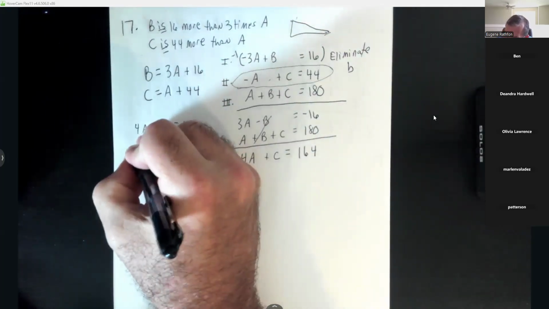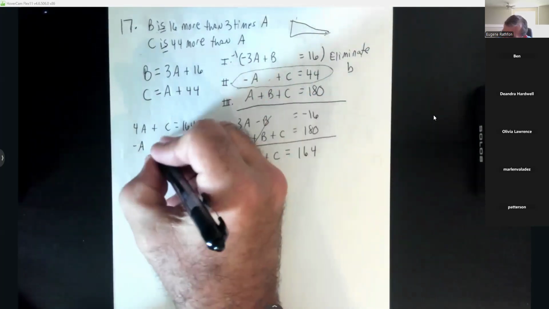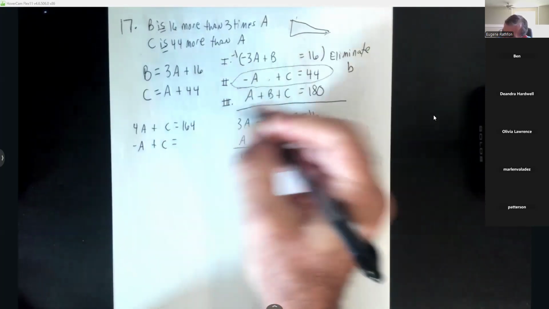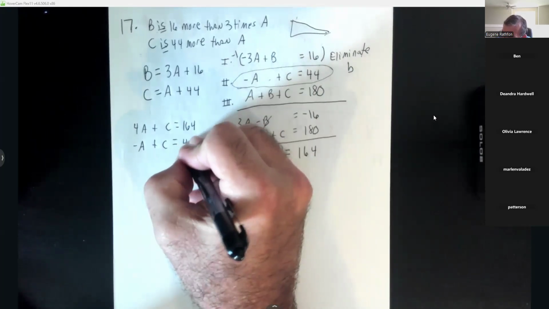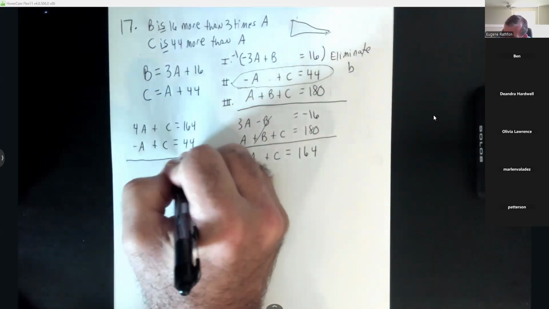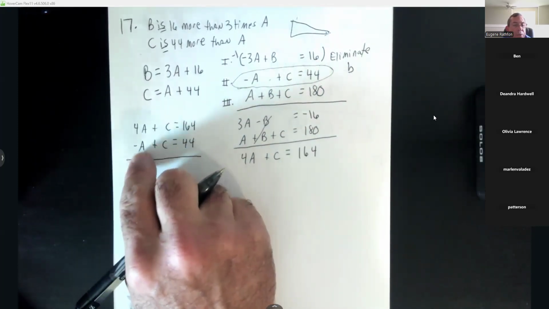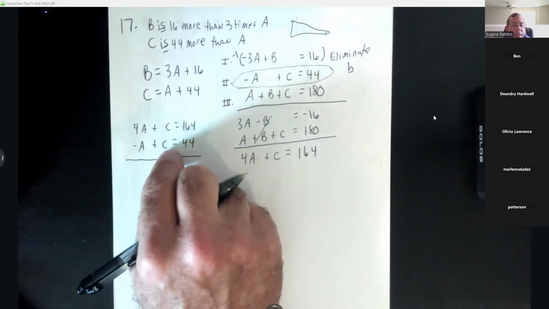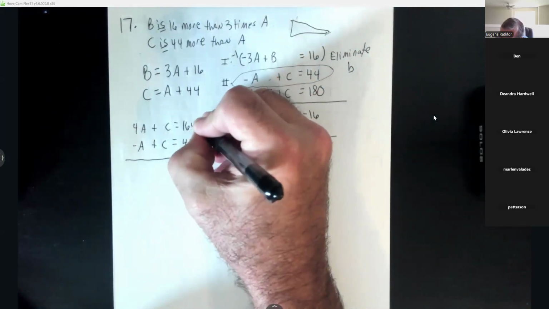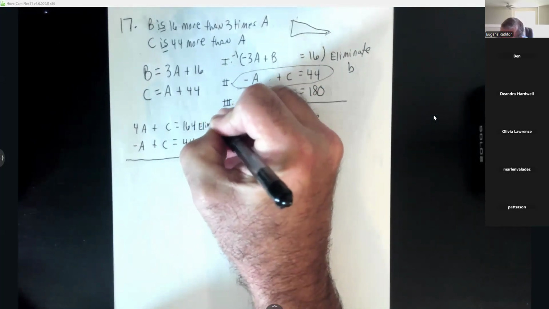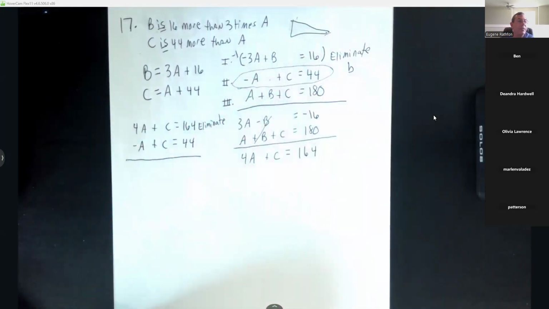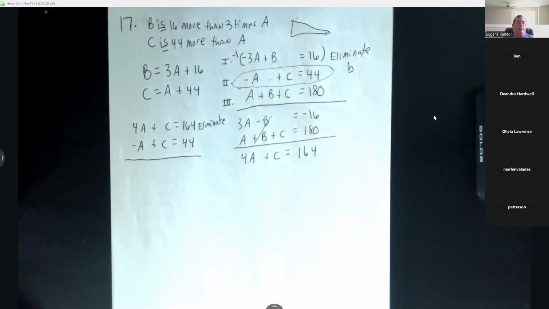This is a negative A plus C equals 44. So now we can choose to get rid of the A or the C. So y'all on this one, what do y'all want to eliminate? A's or C's? And both of them are pretty easy, either one.